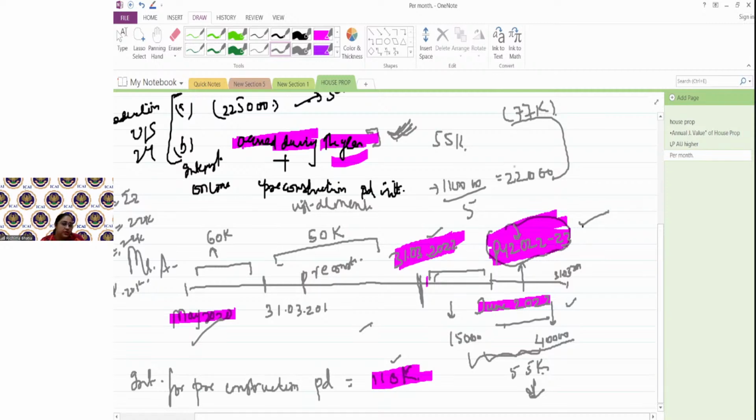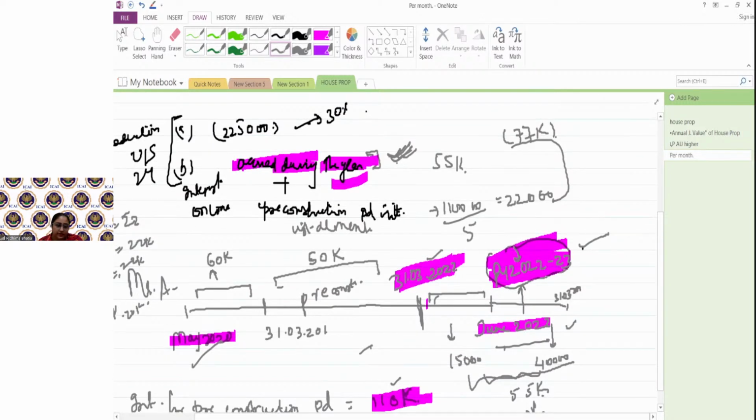It starts from this previous year 22-23. बाकी 4 22,000 I will claim it in the years which are successive, that is previous year 23-24, 24-25, 25-26, and 26-27. Is it clear? Along with the interest which would be getting accrued in these respective years.